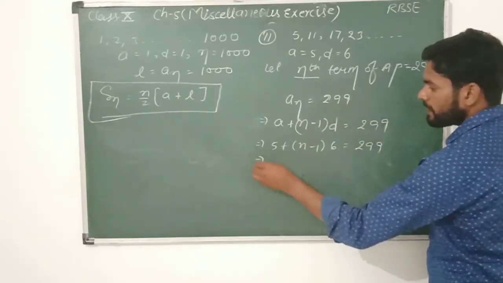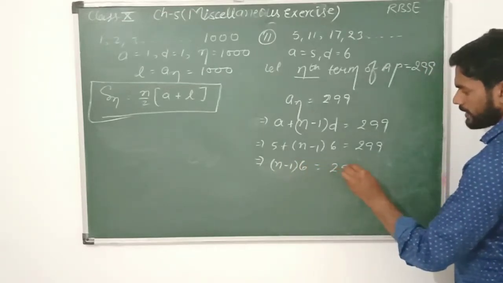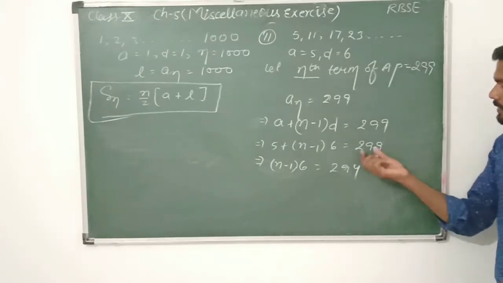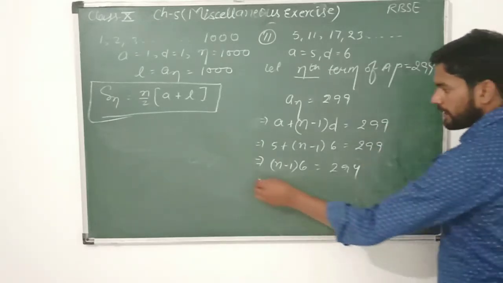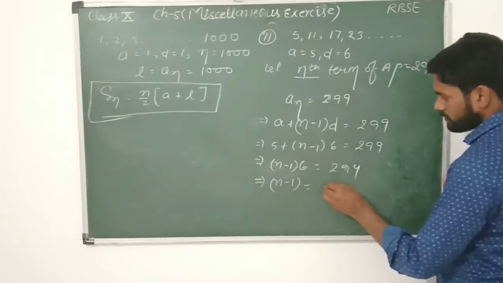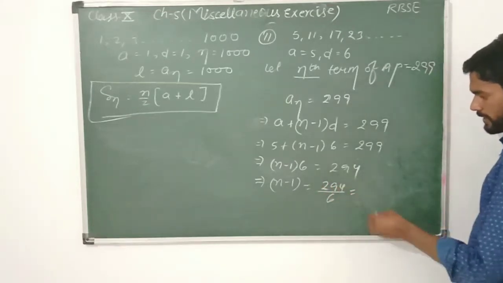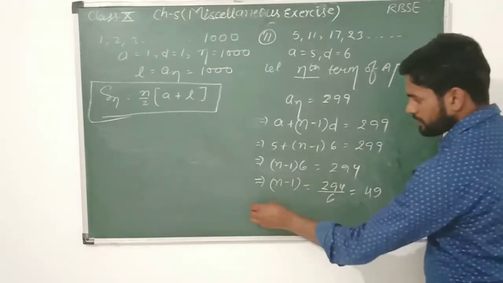Transpose the constant value, n minus 1 into 6 is equals to 294. It will come in this side, then become minus. 299 minus 5 will be 294. So finally n minus 1 is equals to 294 upon 6. 6 4 ja 24, 5 6 9 ja.